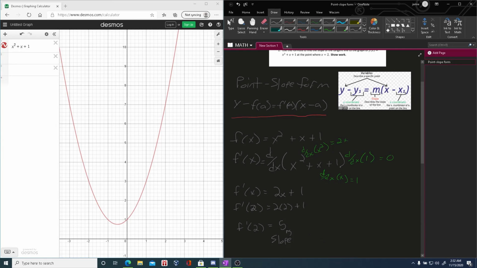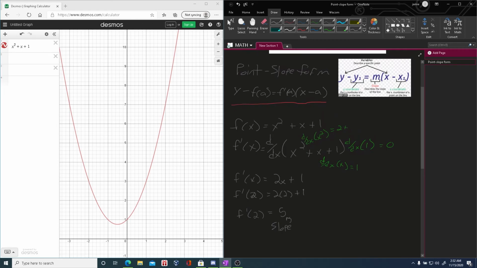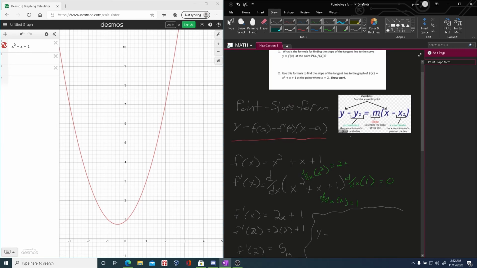So the cool thing about this is now we can use it. This slope was the only piece that we were missing for the point slope form, and we can plug that in and say, okay, y minus, well, to get the y value, we just plug the given x value into the original equation.